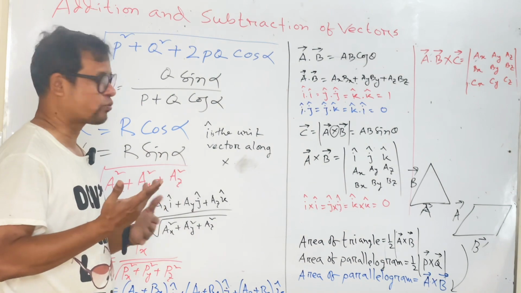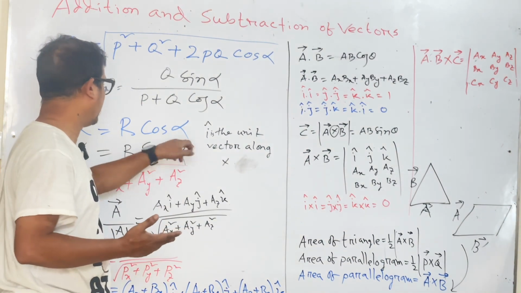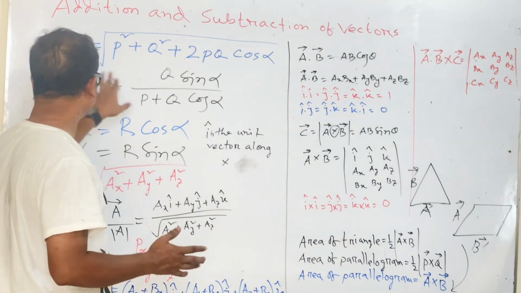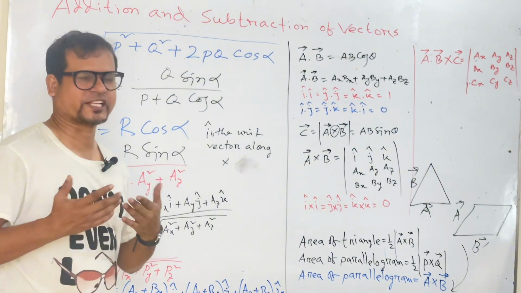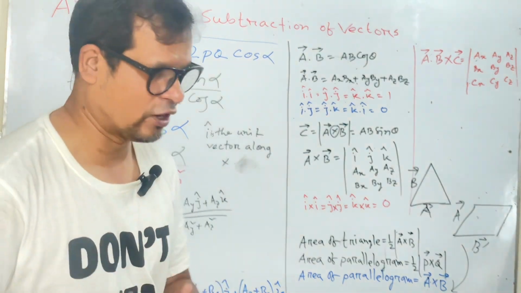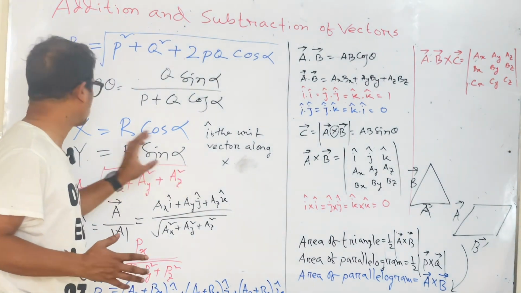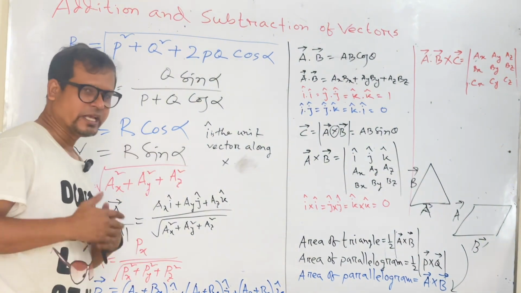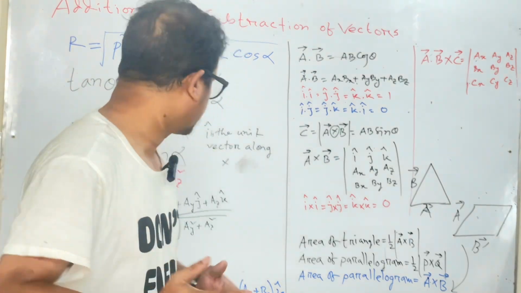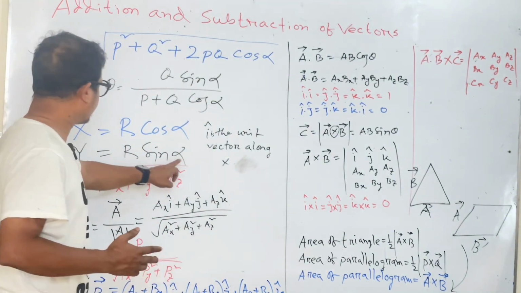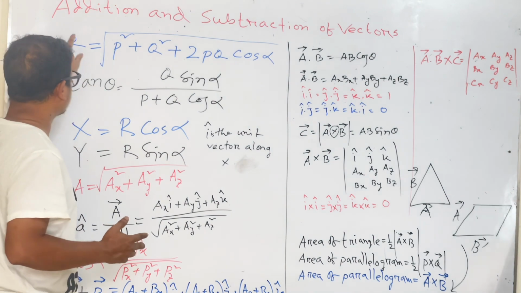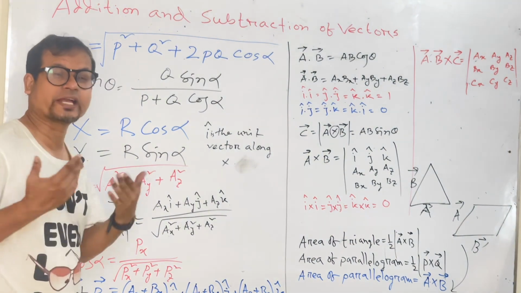If your question gives r and alpha, you can find the resolution of r along the x-axis. But along the y-axis, what will be the resolution? R sin alpha. Along the y-axis, you will consider sin alpha. If your question gives r and alpha, you can find the resolution of r along the y-axis, the vertical axis.